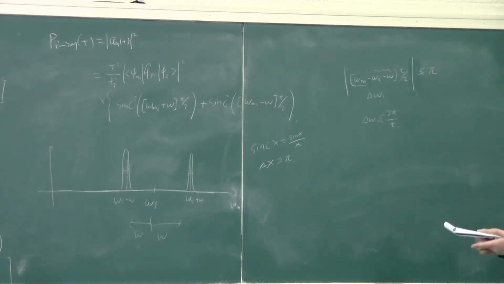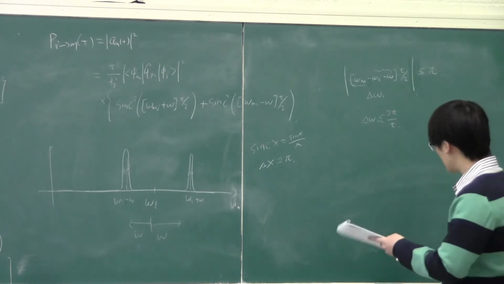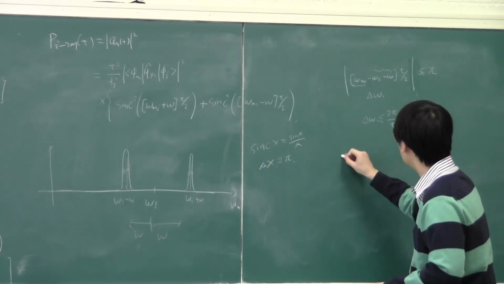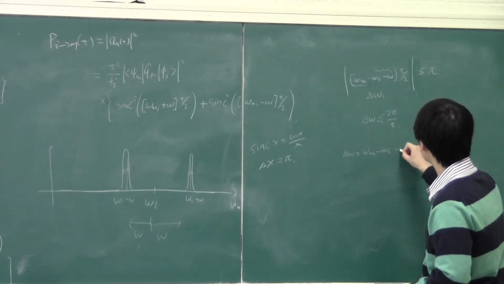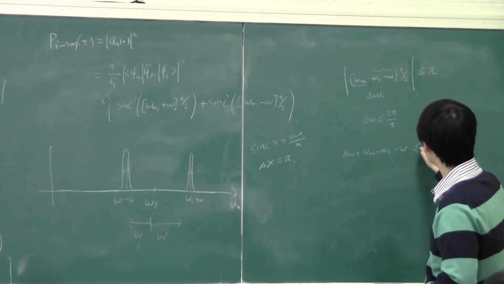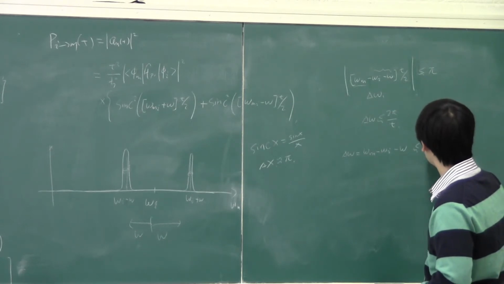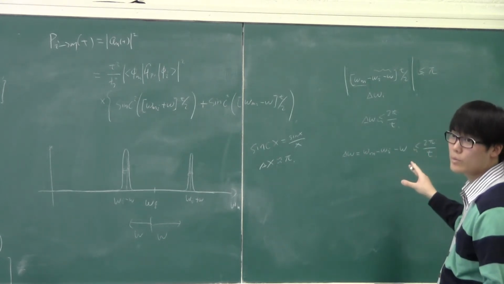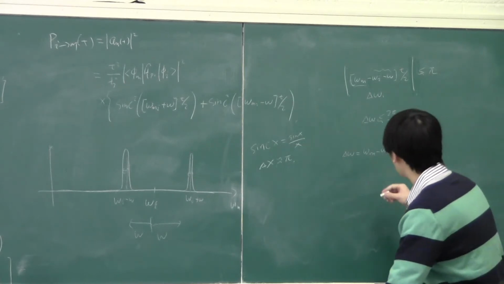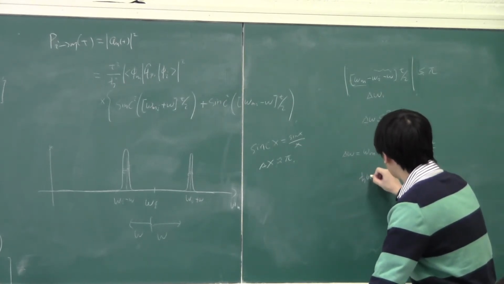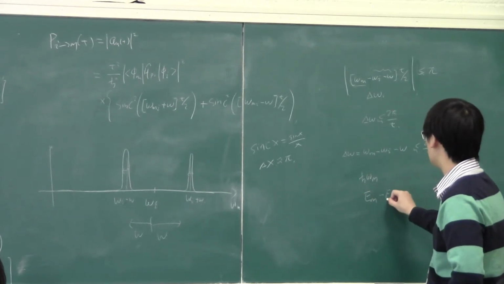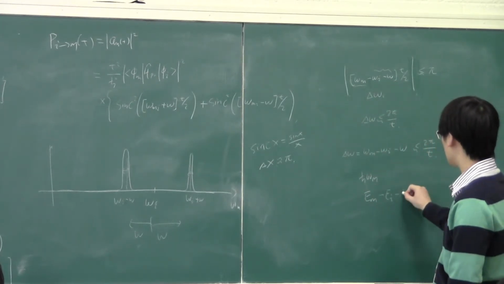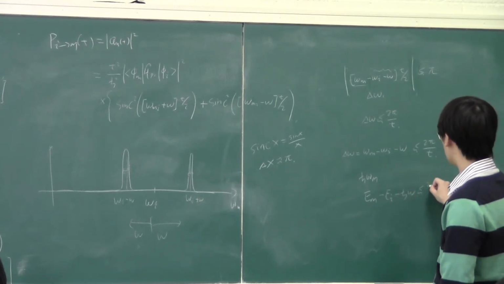Okay? So now we can say that since delta omega is omega m minus omega I minus omega, and this is less than or equal to 2 pi over t, let's put in the h bar so that this turns into the energy. So we get h bar omega m, which is Em, minus Ei minus h bar omega is less than or equal to 2 pi h bar over t.